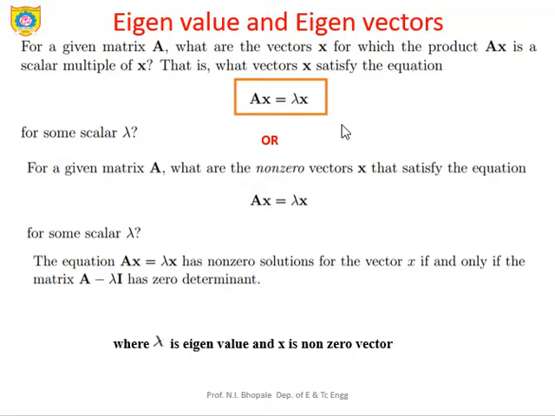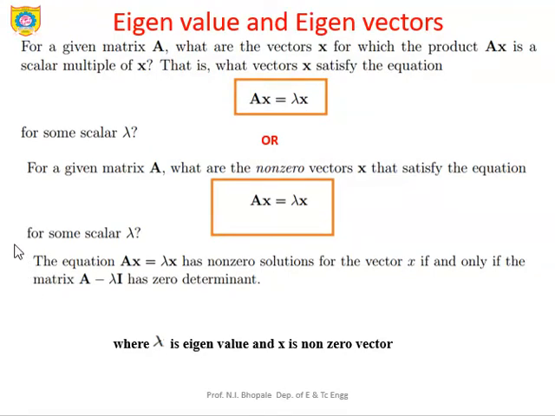In an alternate way, this can be stated as: for a given matrix A, what are the non-zero vectors x that satisfy the equation Ax = lambda x, for some scalar lambda, which is the eigenvalue?